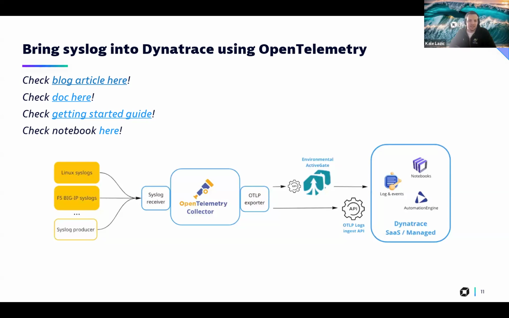As we can see here on this slide, this is the architecture from the data where they appear, be it in Linux systems, on F5 devices, and so on. So any Syslog producer. The data is then sent to the OpenTelemetry collector, to the Dynatrace distribution of it, where you can perform different actions.